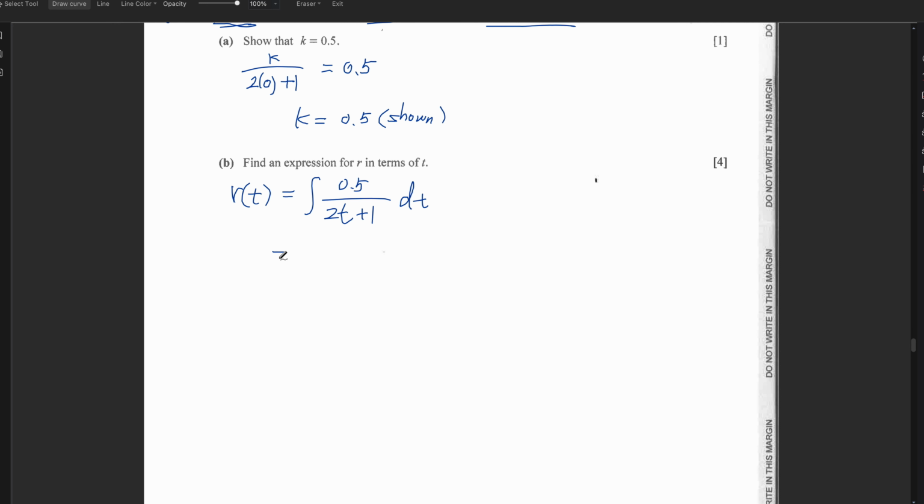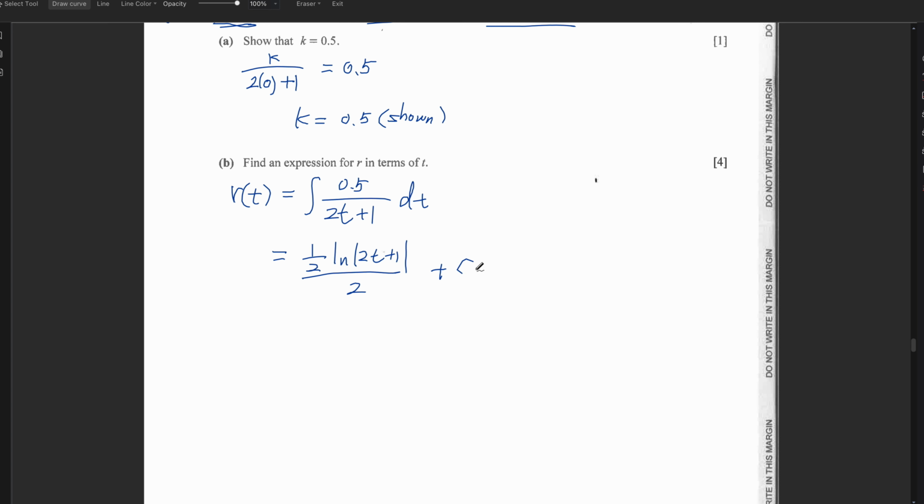We take out this 0.5, which is half, ln(2t plus 1). Because 1 over (2t plus 1), you integrate it, you'll get ln(2t plus 1) divided by 2. Don't forget to divide by 2, because when you differentiate ln(2t plus 1), there is a 2. You've got to bring it out, so you have to divide by 2 here.